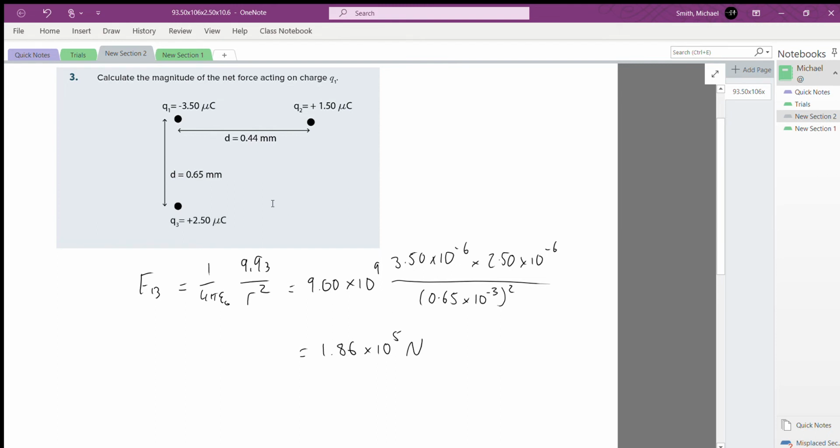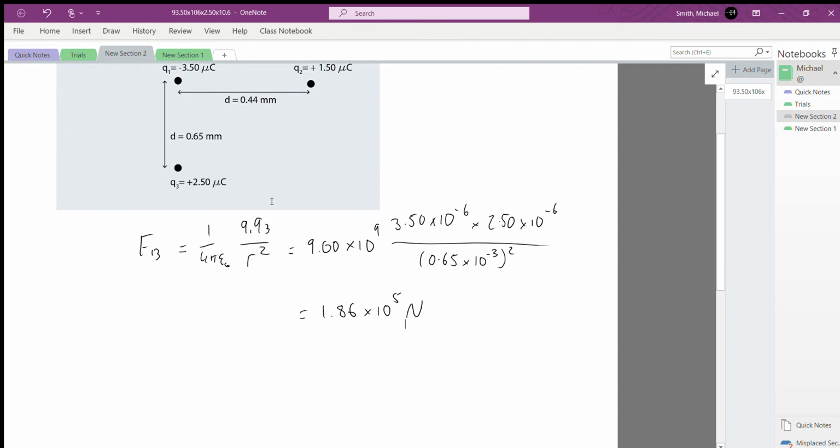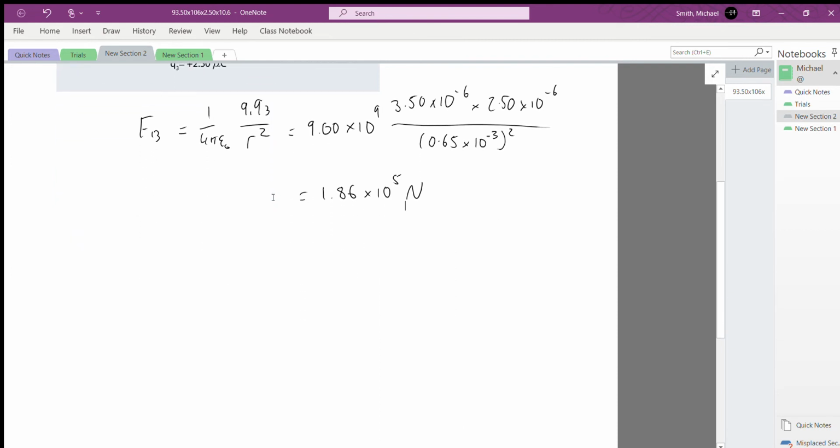We can do the similar calculation, but for charge Q2, so that's 1.5 microcoulombs. So here, F subscript 1, 2, using Coulomb's law again, Q1, Q2 on r squared.